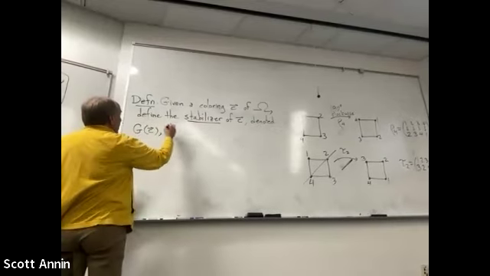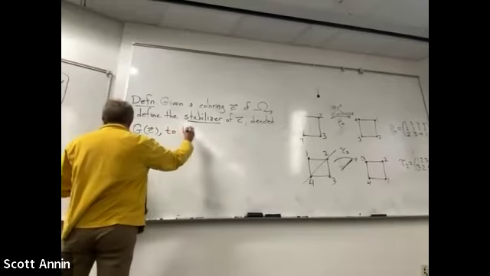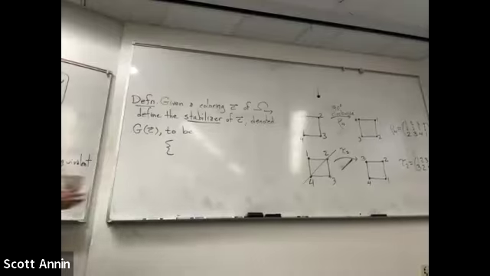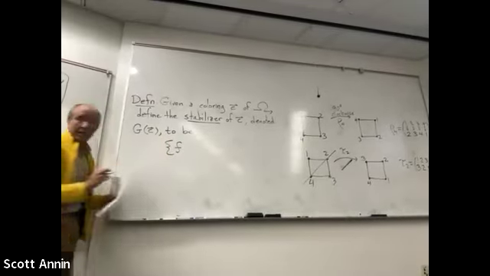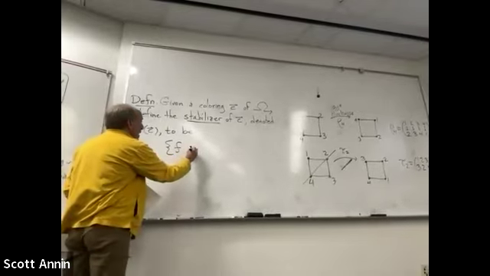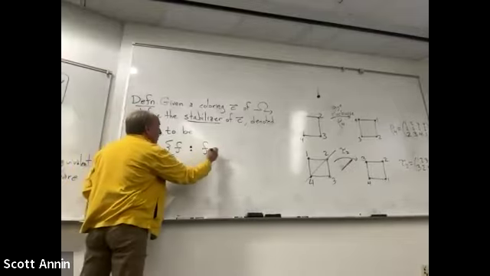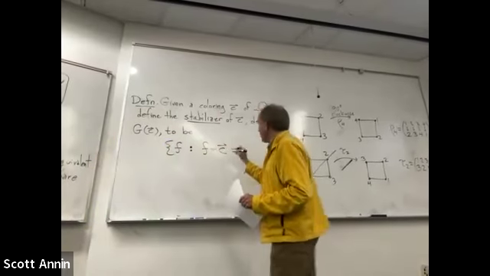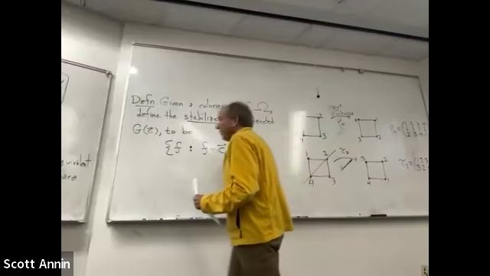We define the stabilizer to be the following. The stabilizer of that coloring, my friends, is the set of symmetries, the set of these little F's, such that if you apply F to the coloring C, you just get C back again.